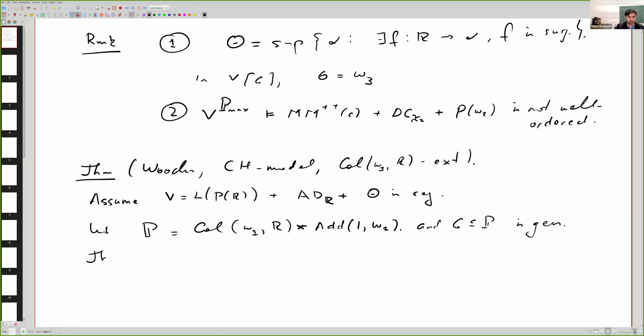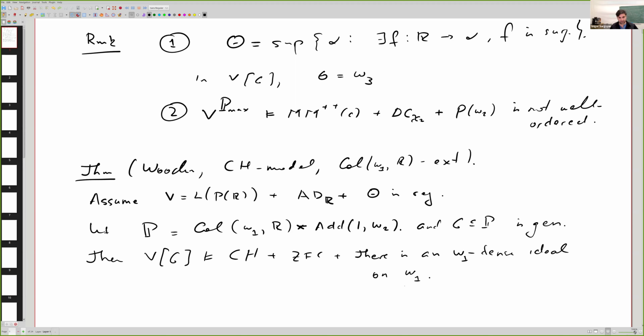And V[G] satisfies CH now, plus of course ZFC, plus there is an omega 1 dense ideal on omega 1. I don't know if this was before, wouldn't also force the omega 1 dense ideal on omega 1 from a huge cardinal, but I don't know which one came first.